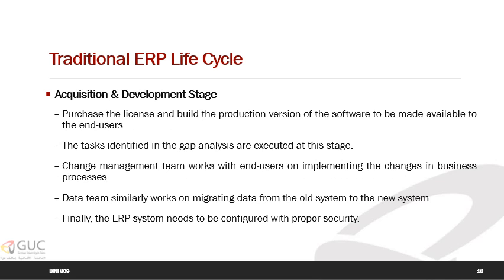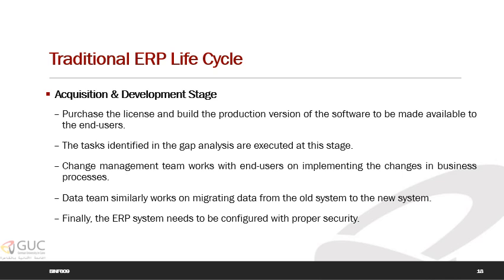The acquisition and development stage is similar to the acquisition and testing stage of traditional SDLC. The organization has to purchase the license for the production version of the software and build the production version of the system, which is to be made available to end users.